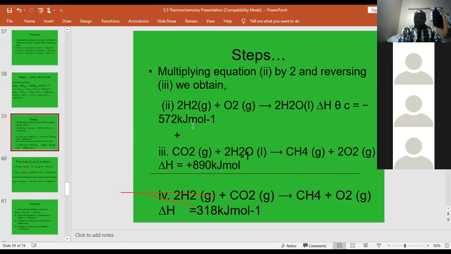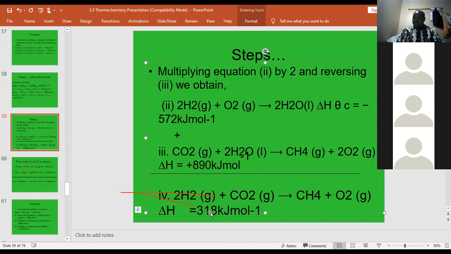When we add equation 2, which is multiplied, to the reversed equation 3, we get equation 4. Now, that means that we have negative 572 plus 889. The difference is what we have here, 318 kilojoules per mole.